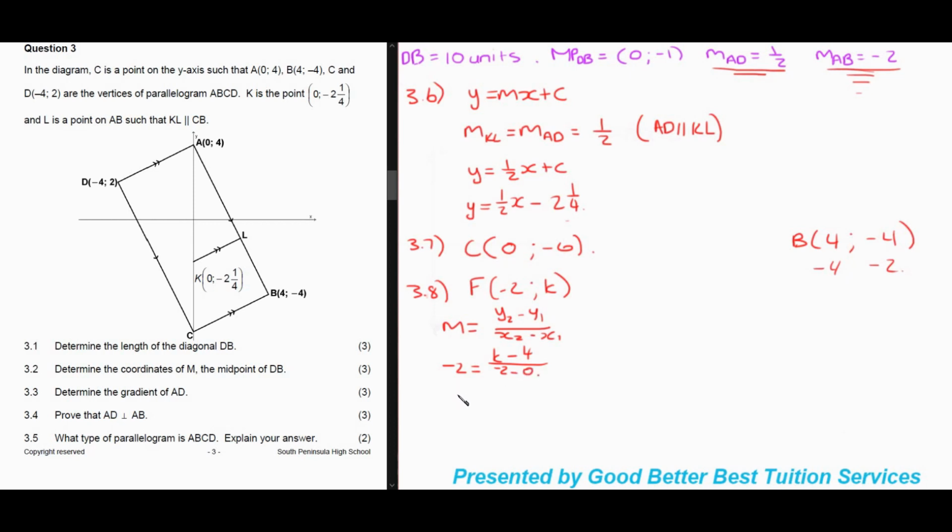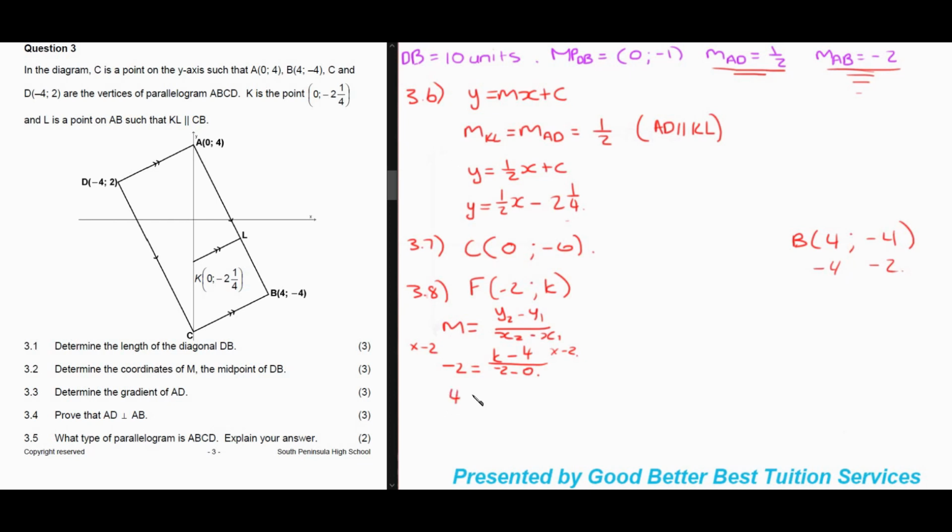So what's going to happen now is we are going to solve for K, as it is the only unknown in our equation. Obviously we know minus 2 minus 0 will give me minus 2. So to get rid of it, I need to times by minus 2, right? Because it's part of a fraction. To get rid of that, I times. So what I do to the one side, I have to do the other side, and so I get positive 4. Sorry, it's positive 4. Just remember, it's a minus times a minus.